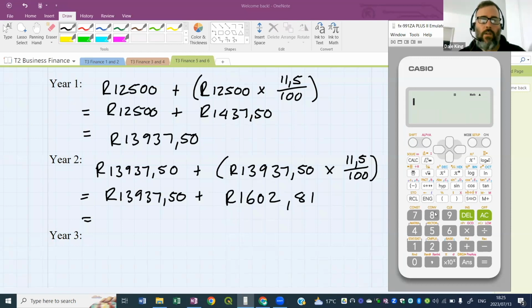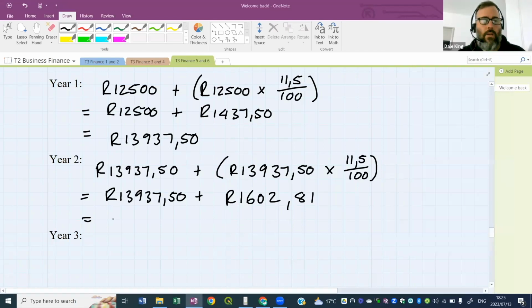No, it can't be. Let's just write it out in total. 13937.5 plus 1602.81. There we go. That looks better. All right, 15,540.31. So that's the end of year 2.